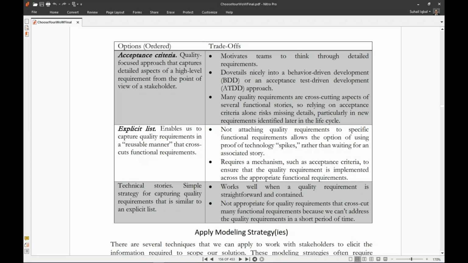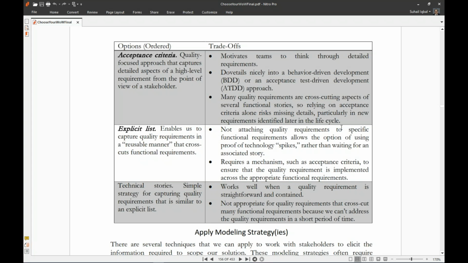An explicit list enables us to capture quality requirements in a reusable manner that cross-cuts functional requirements. Not attaching a quality requirement to a specific functional requirement allows the option of using proof of technology rather than waiting for an associated story.